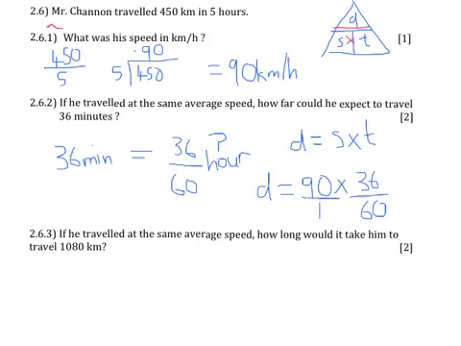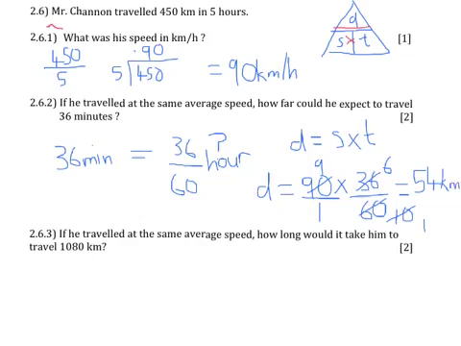It's just a bit of cross-cancelling, and there are some nice factors here. 6 goes into both 36 and 60, so 6 goes into 60 10 times, and into 36 6 times. Then it's very easy to cancel that 10 with the 90. 10 goes into itself once, 10 goes into 90 9 times. So all I'm left with is 9 times 6, which is 54. And remember, we're talking about distance, so you have to give the unit: 54 kilometers.